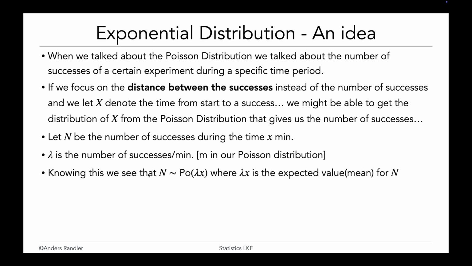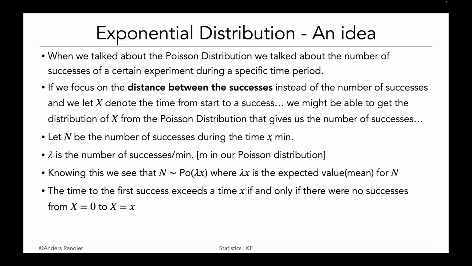Knowing this, we see that n is Poisson distributed with lambda times x, where lambda x is the expected value, the mean value for n during this period, because if lambda is the number of successes per minute, but I'm talking about x minutes, I have to take lambda times x to get the actual expected value for this complete period, x minutes, not 1 minute, okay?